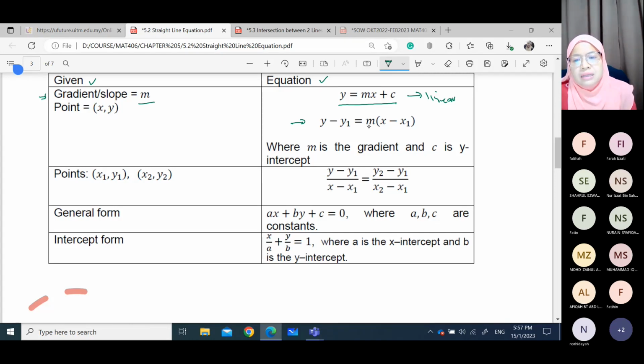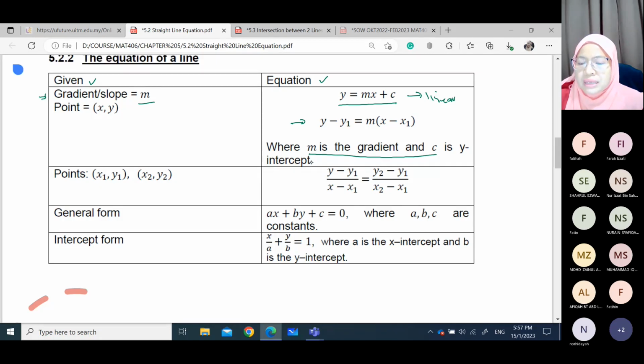So m kat sini adalah slope. Okay, so x and y adalah point. Okay, yang ni bagi tahu dah. Where m is the gradient and c is y-intercept. So c ini berada pada paksi y. Titik pada paksi y. Itu adalah y, itu adalah c.